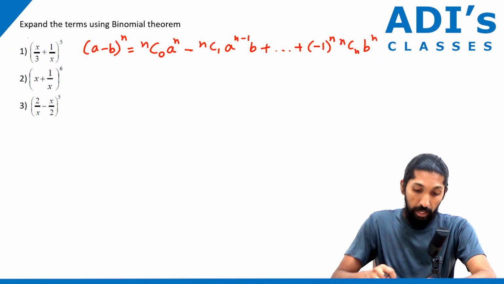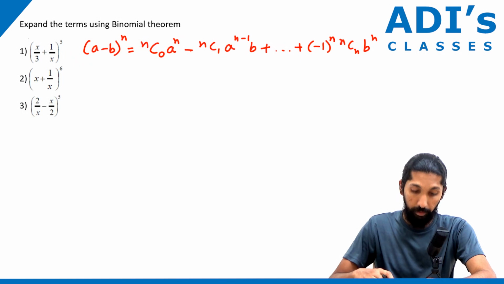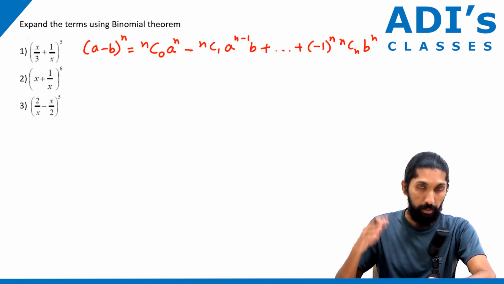So in this case, a value is 2 by x, b value is x by 2, n value is 5. Substitute.